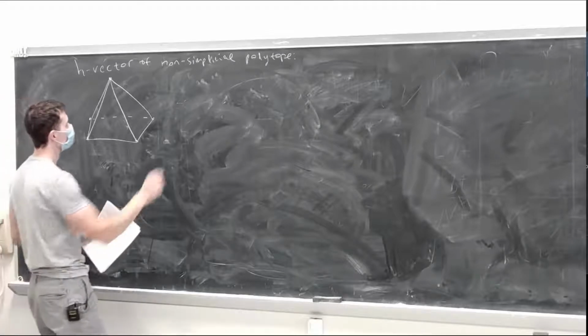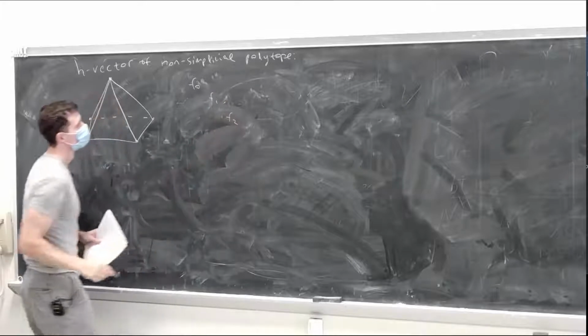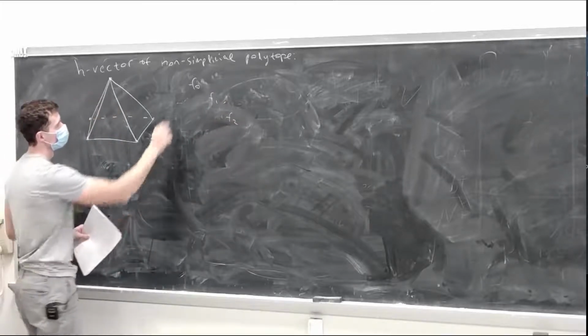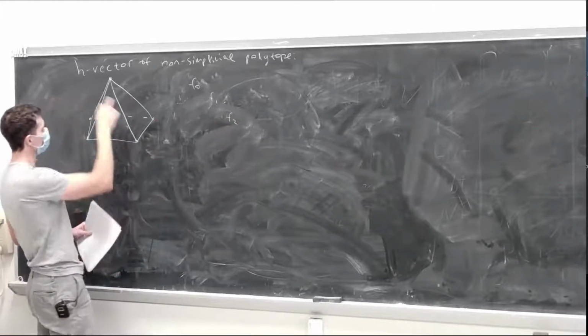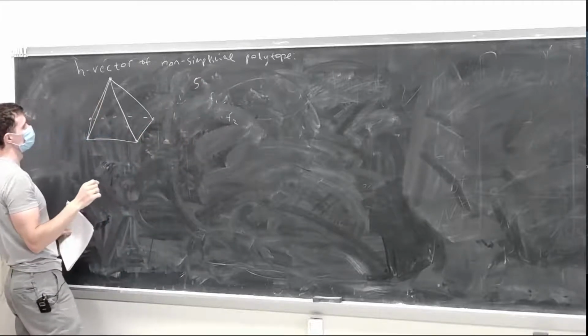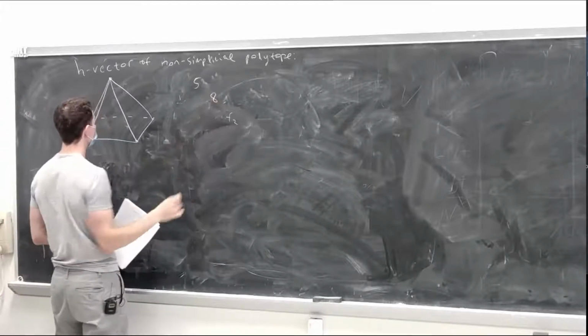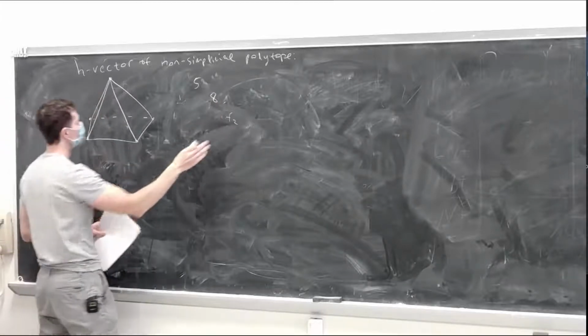So F0, F1, F2, something like this, 1, 1. F0 in this case is 5, and F1 is 8, and then F2 is 5.